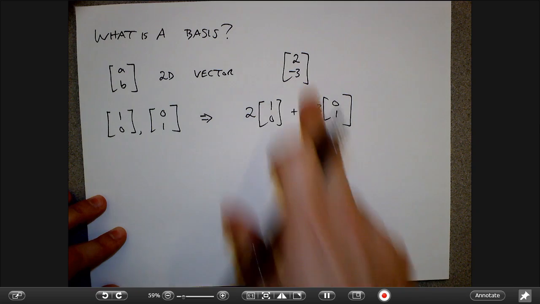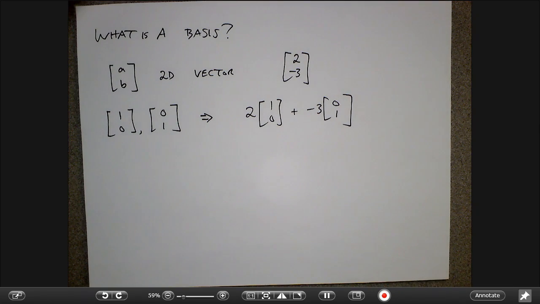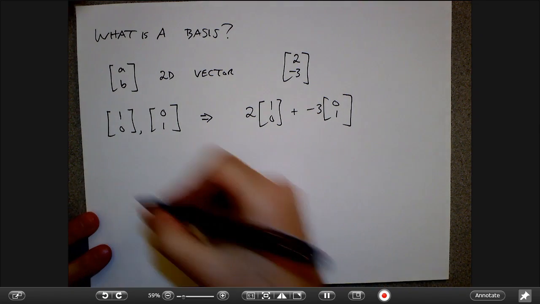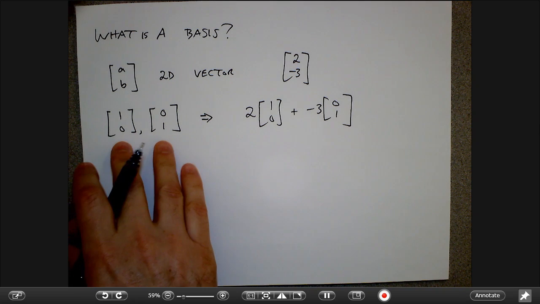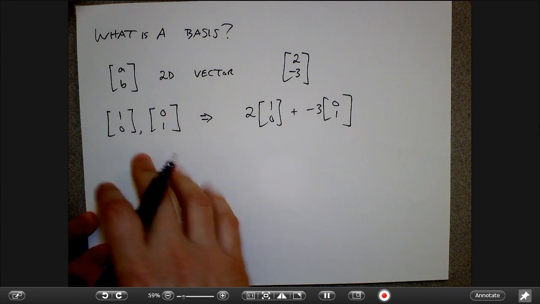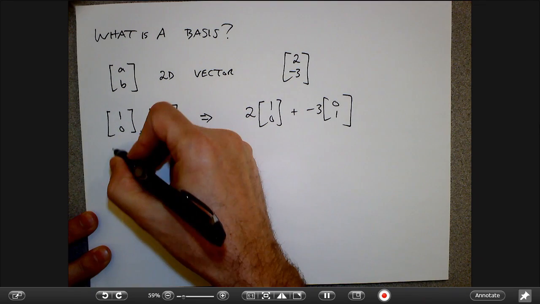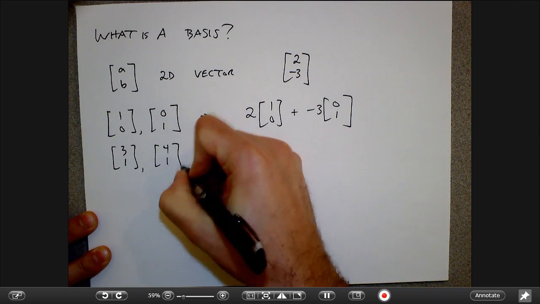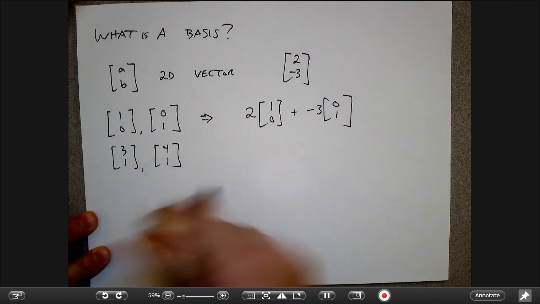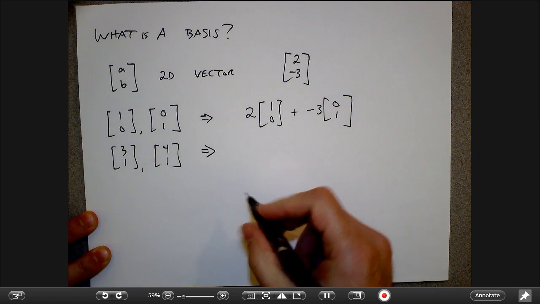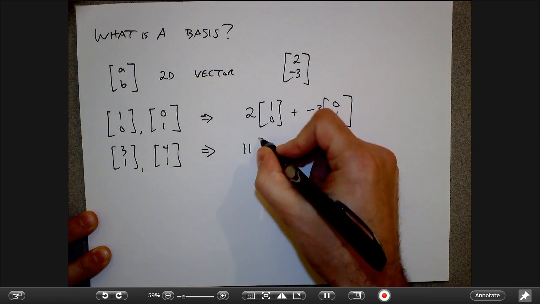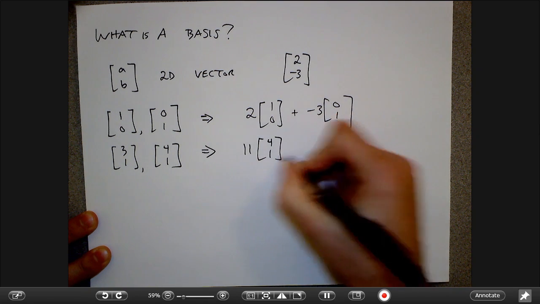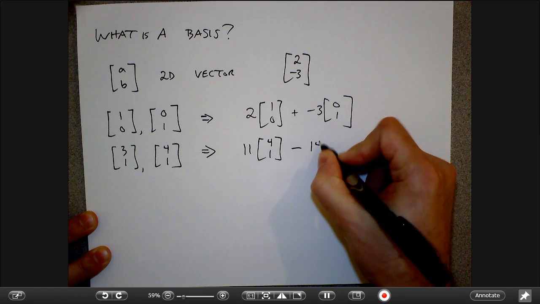In some sense, by putting the signal in these brackets, I've already represented it implicitly by that basis. But I could choose any two other vectors that are linearly independent to represent the same signal. So suppose I chose these two vectors instead. I can solve a linear system to figure out that this 2, minus 3 can be represented like this.